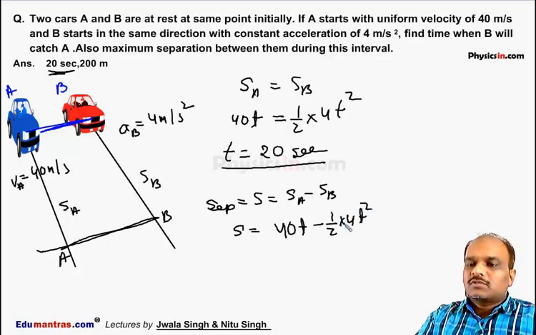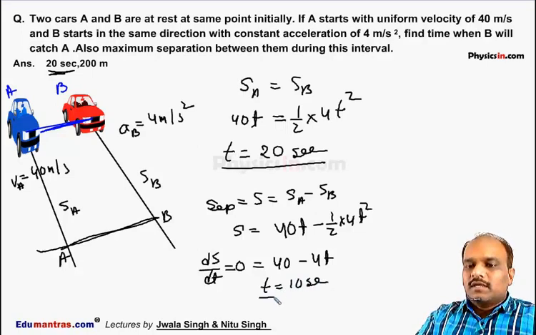Now this separation is a function of time, so the separation is maximum when ds by dt is 0. If I differentiate it, we get 40 minus 4t equal to 0. So from here we get t equal to 10 seconds. At 10 seconds the separation between these two is maximum.